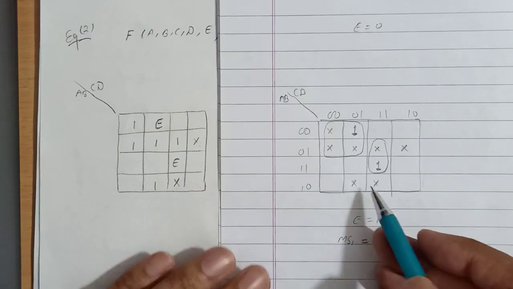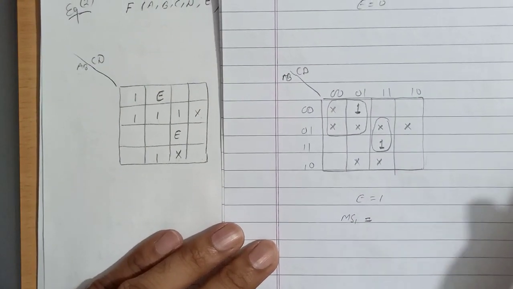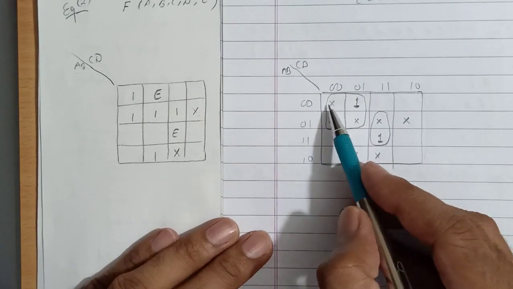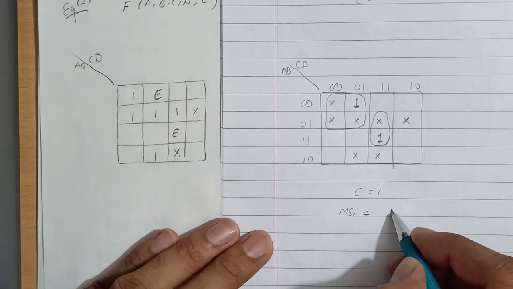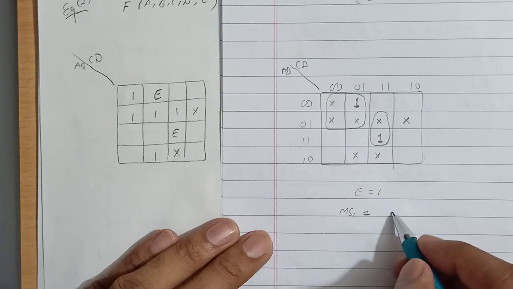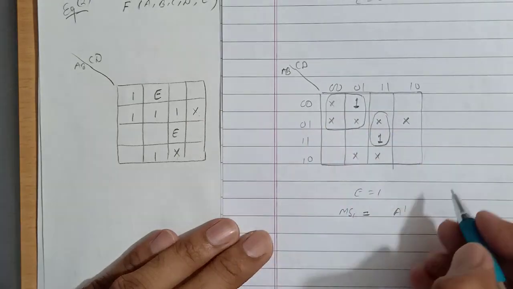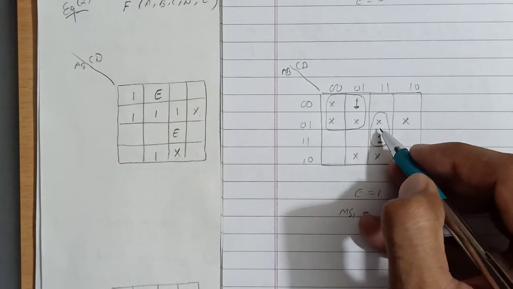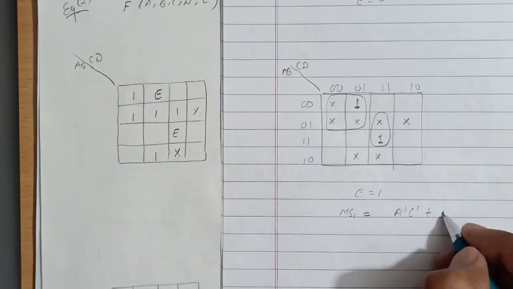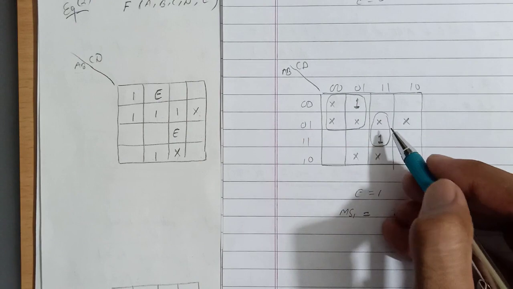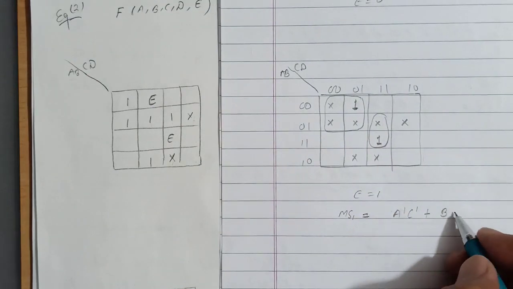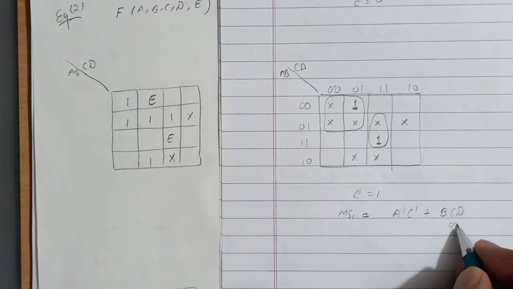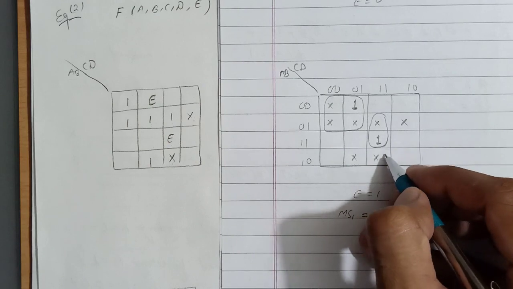So what is this term? This term is A' C'. And what is this term? This term is basically B C D. Or we can also cover this one by using this term.